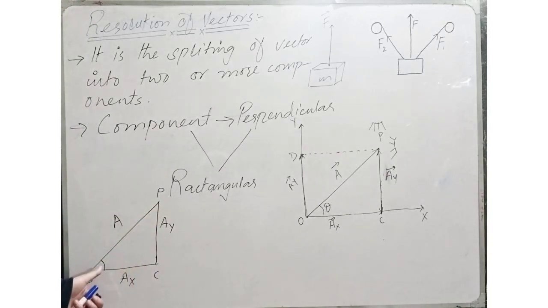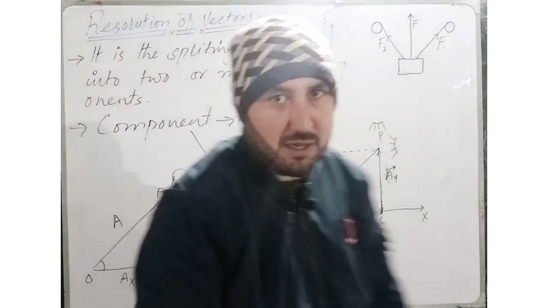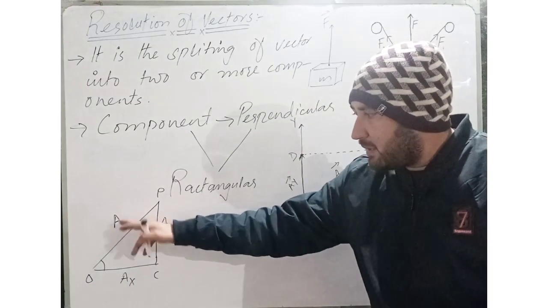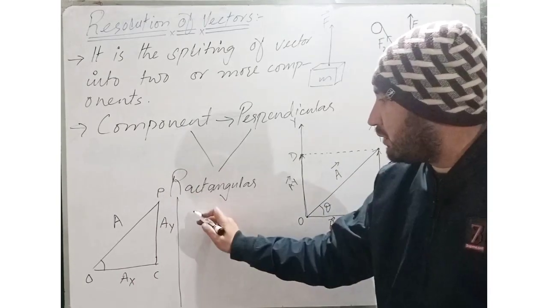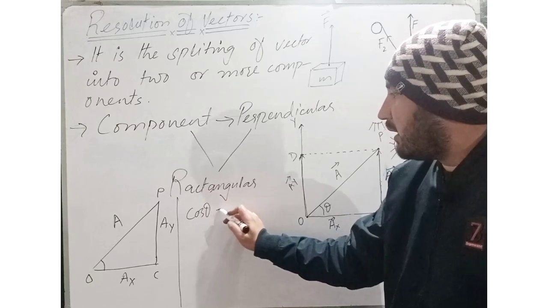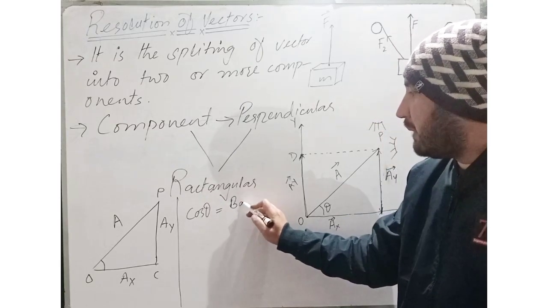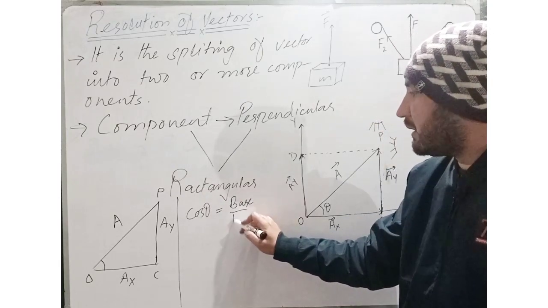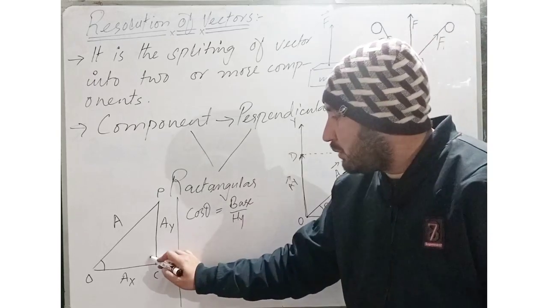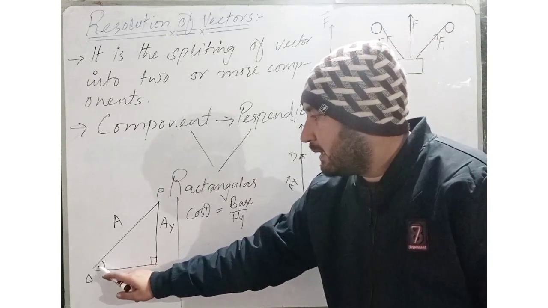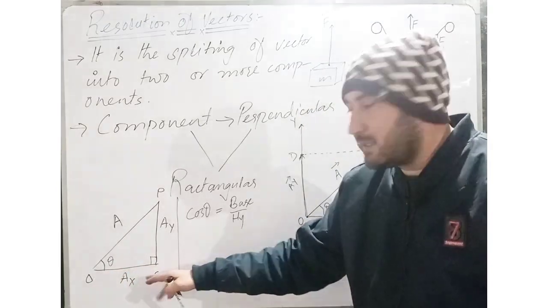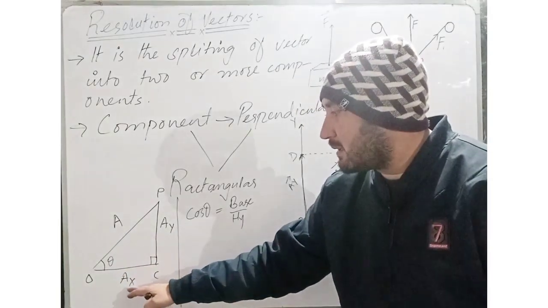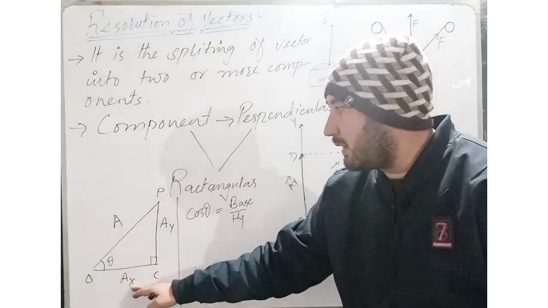Now as it is a right angle triangle, we can use trigonometric ratios in order to relate the vector and its components, right? From trigonometric ratios we know that cos theta is equal to base over hypotenuse. Here this is the right angle, this is the angle theta, so this is the adjacent side which is the base, and in this case the base is the x component of the vector.